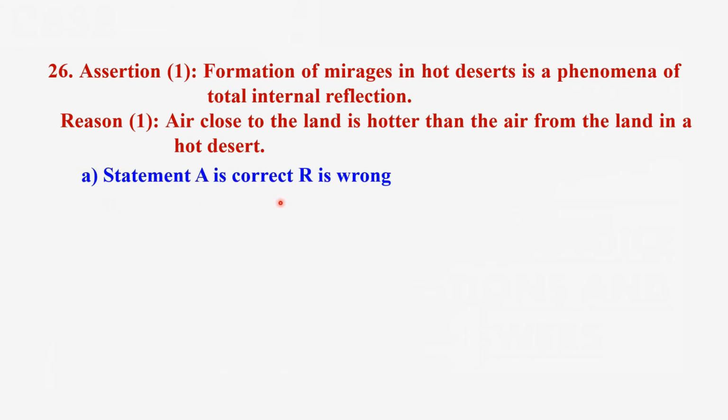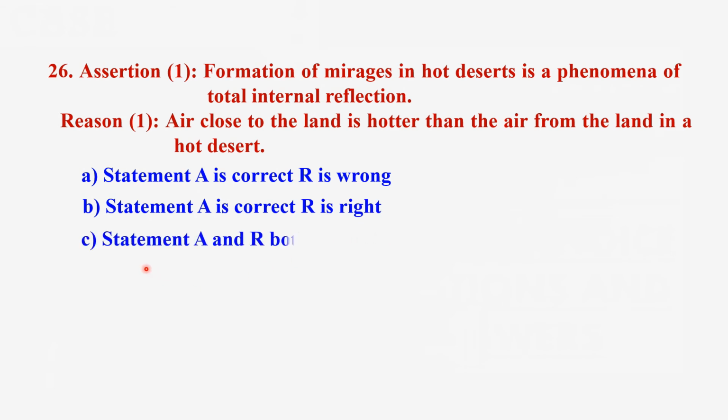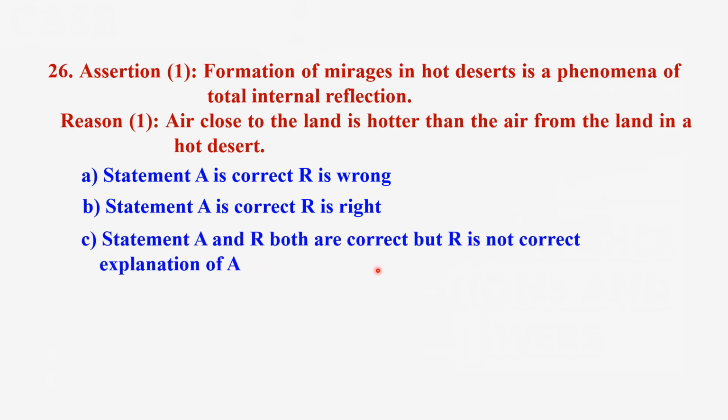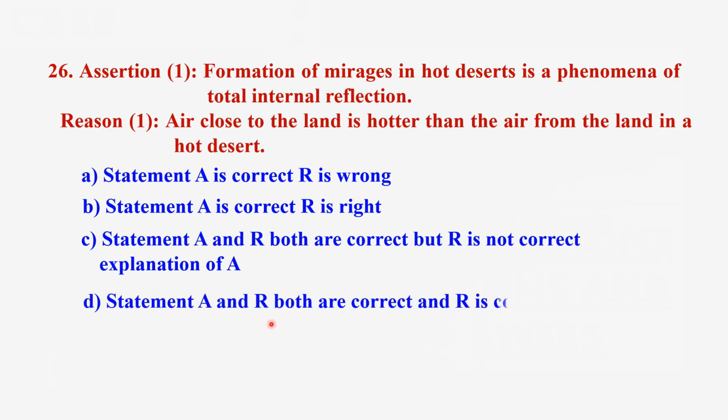The options are: A and R are both correct but R is not the correct explanation of A; A and R both correct and R is the correct explanation of A. Here the assertion is correct. The reason is also correct, and it is the correct explanation of A.